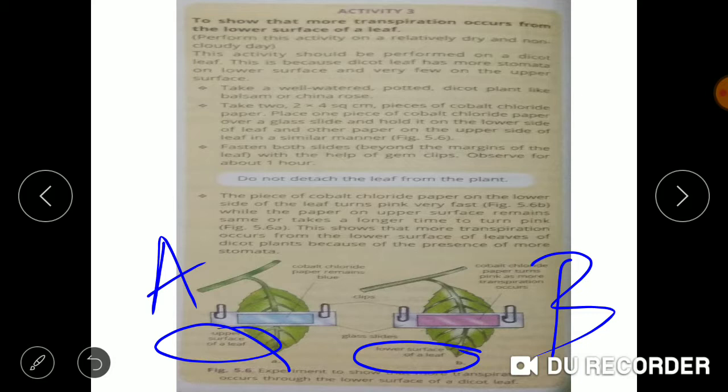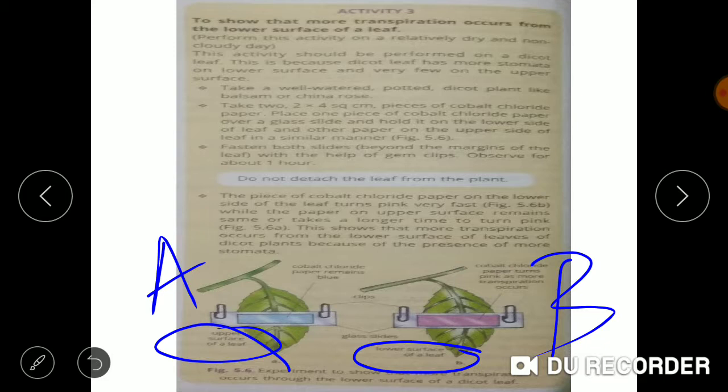After some period of time, with the observation we will find that the cobalt chloride paper which was attached on the lower surface of the leaf has changed the color from blue to pink, while the cobalt chloride paper on the upper surface of the leaf has taken a lot of time to change the color.